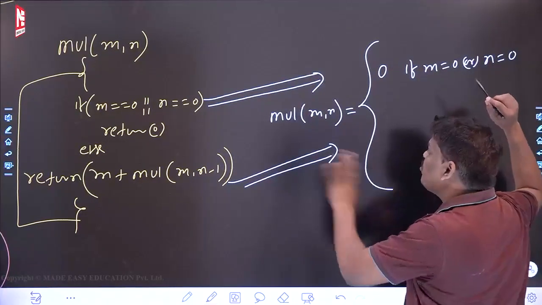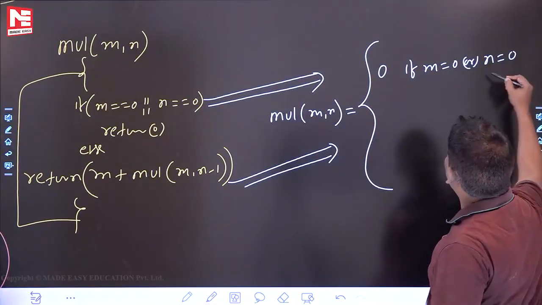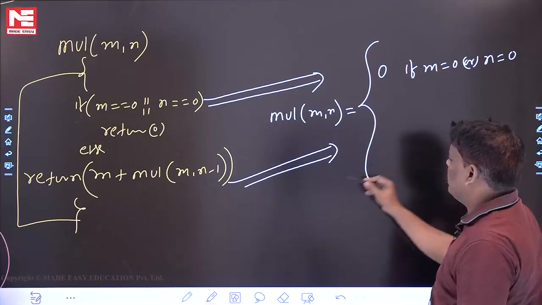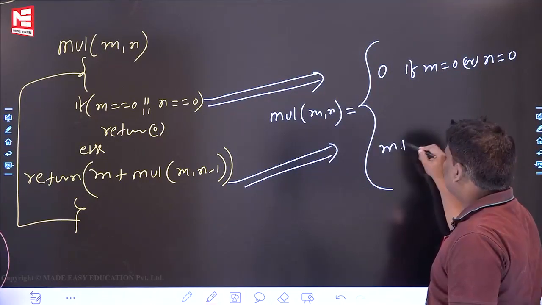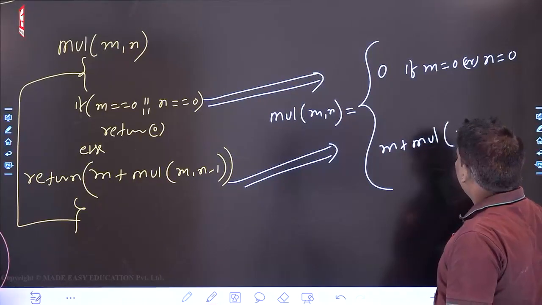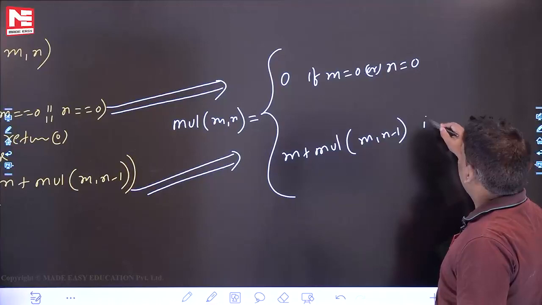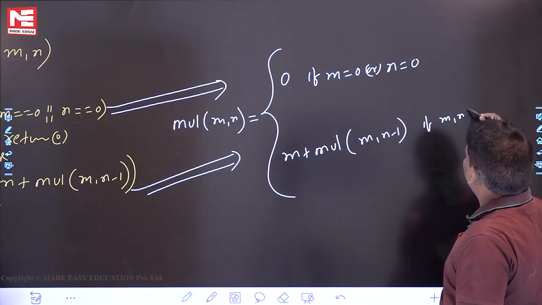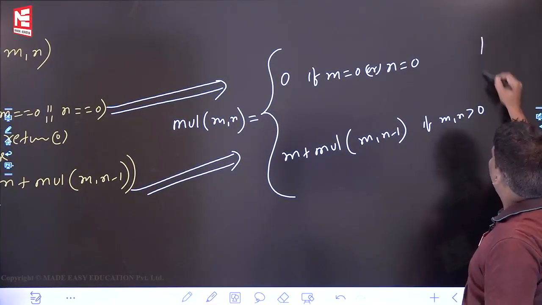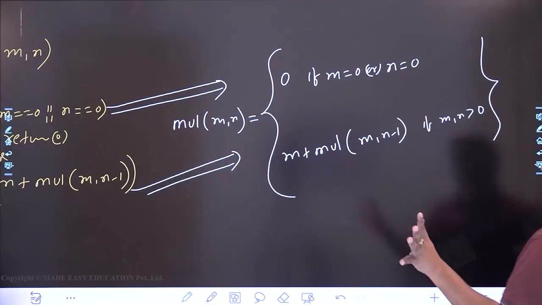Just write in the form of mathematics, right? If m is 0 or n is 0, answer is 0. Otherwise, second part, what is the answer? M plus multiplication of m comma n minus 1. When it is? If m comma n greater than 0. Any one is greater than 0, this is the story.